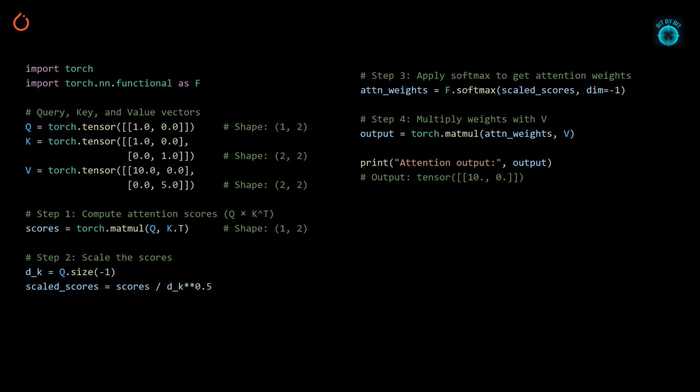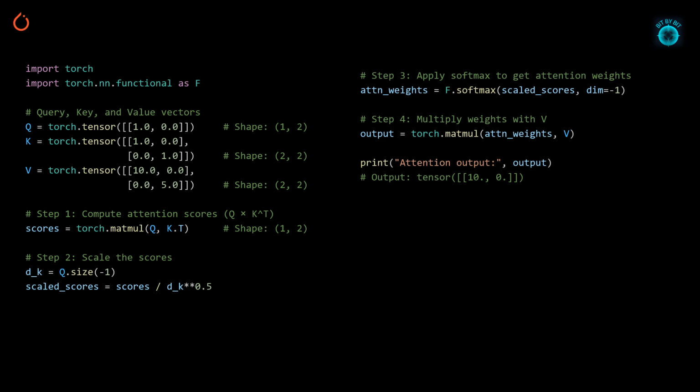So, the keys help choose where to look, and the values provide what to take from that location. In code, we create a query vector labeled capital Q with values 1.0 and 0.0. A key matrix labeled capital K, which contains 2 key vectors, and a value matrix labeled capital V, which also contains 2 value vectors. Each vector has 2 elements, meaning we are working in a 2-dimensional feature space.